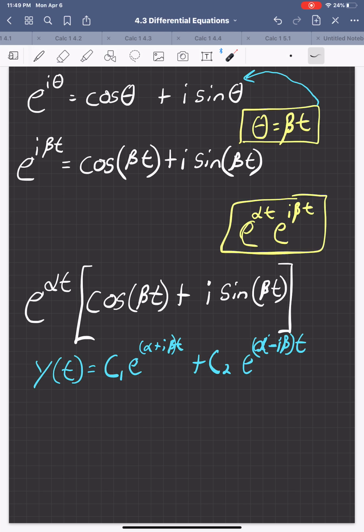Now, let me get to the result. This last step is we would take this e to the alpha plus i beta t and e to the alpha minus i beta t and write it in the following form, just like we were able to substitute here. That gets us to our result that we've been looking for all along.